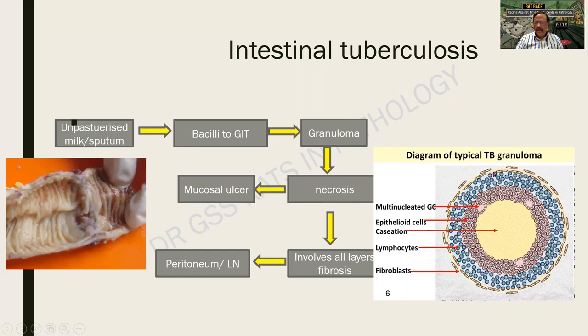And here I am finding a well demarcated granuloma, and these are the epithelioid cells. This is the area of necrosis and lymphocytes. Surrounding the linear structures are the fibroblasts. Necrosis involves all the layers, and sometimes you find that the peritoneum and the regional lymph nodes can be involved. So this flow diagram, let us remember for intestinal tuberculosis.